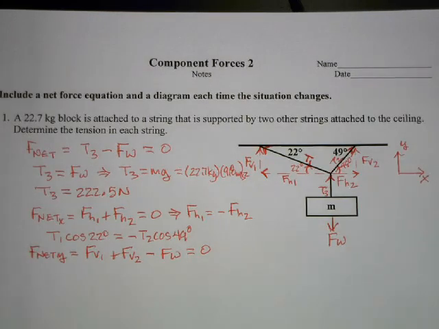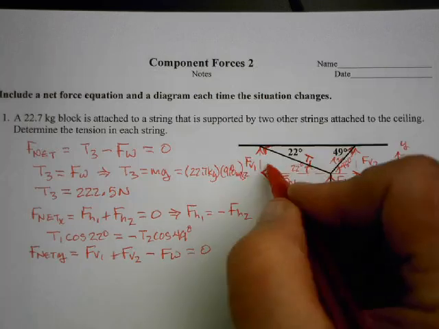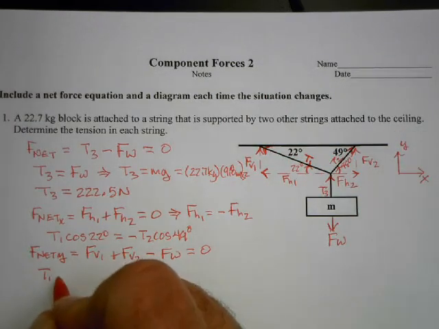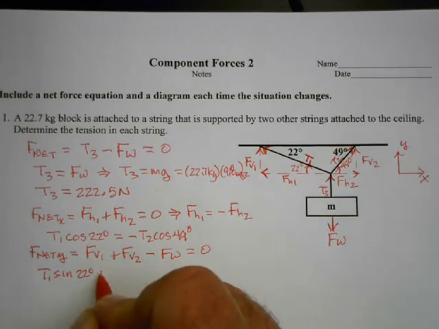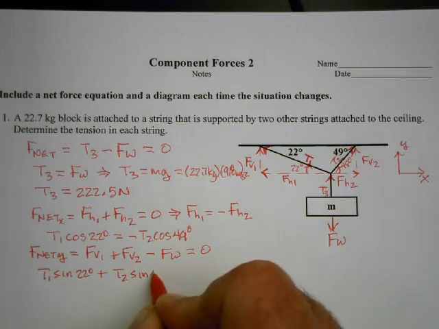And I can start playing. So for FV1, that's the vertical component of T1, so that's going to be T1 sine of 22 degrees, and then T2 sine of 49 degrees.